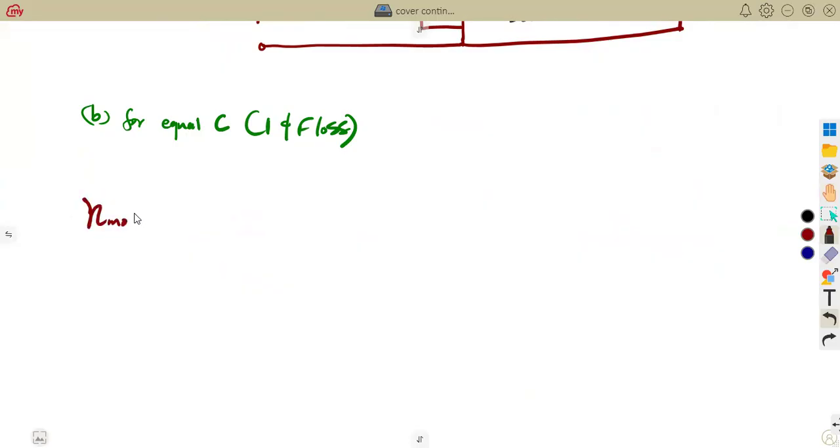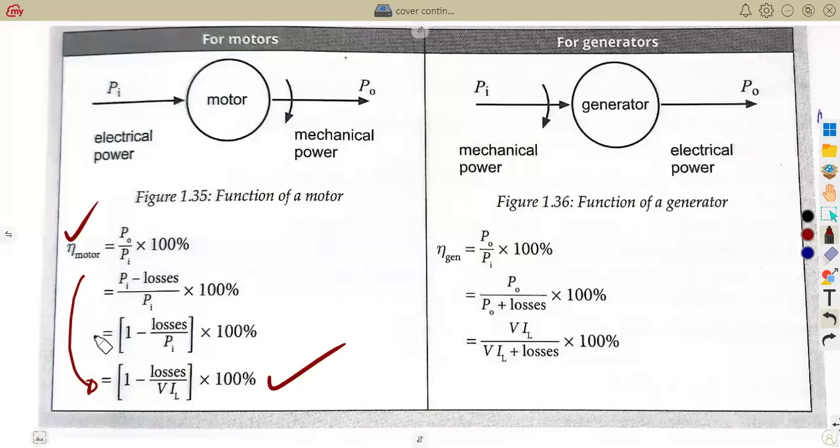I just want you to see the formula so that you also understand what exactly we are going to work with in our calculations, depending on the way that you understand. All right. So depending on your calculations, guys, this is what we saw here. We can have P in minus losses over this P in.